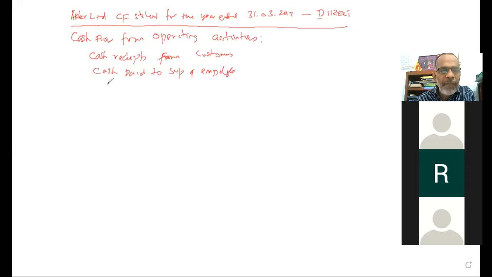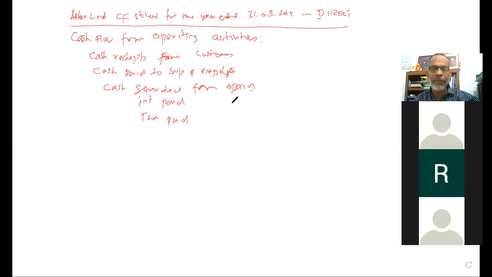The difference between these two will be cash generated from the operation of the company, isn't it? After that we have to deduct the interest paid and also tax paid. Can you find out the direct amount directly? We cannot do that. Therefore, yesterday we followed one account separately for each of them.